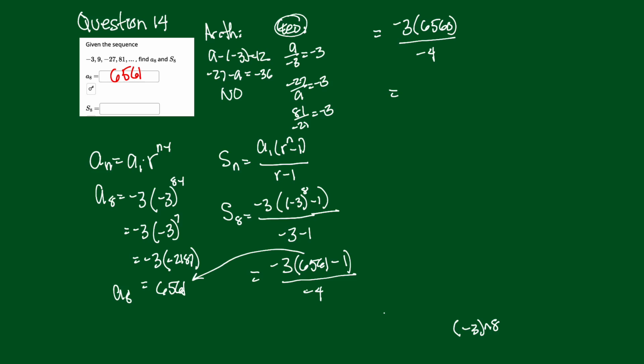Multiplying that top together, I got negative 19680 over negative 4. And then finally, when I divide that by negative 4, I get the sum of the first 8 terms to be 4920. There we go, and I will put that 4920 right there.